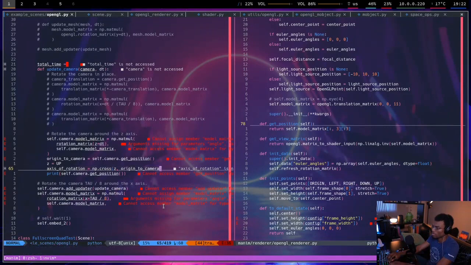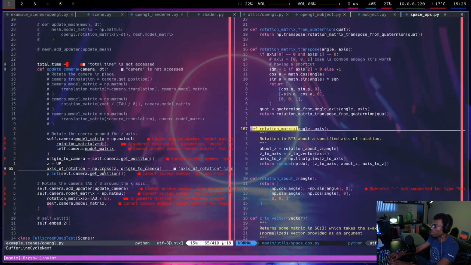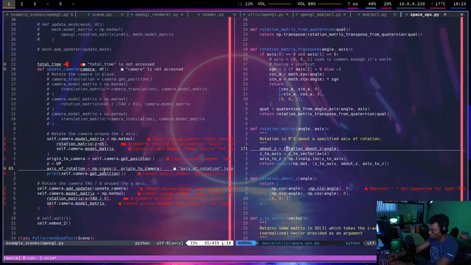Then I want to rotate around this axis. Okay. And how does one rotate around this axis? I think there's something in this space ops. Rotation r cubed around a specified axis of rotation. That's convenient.